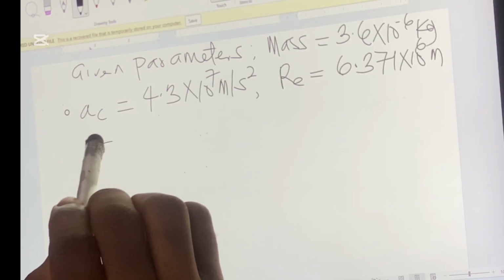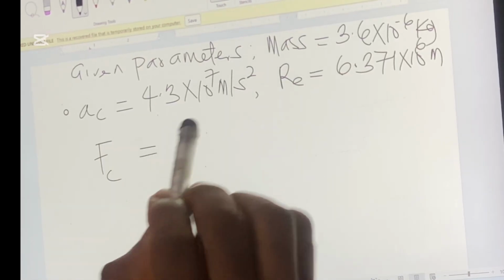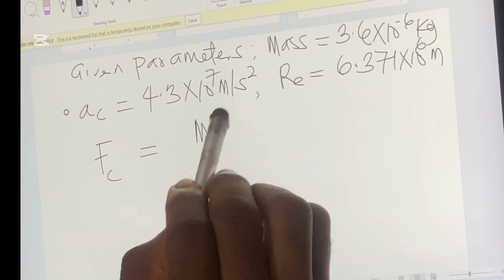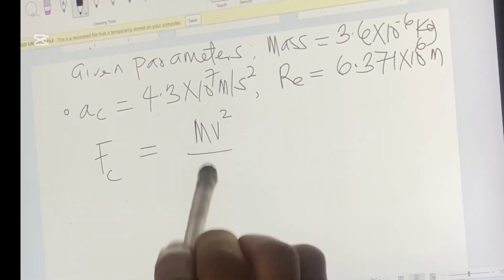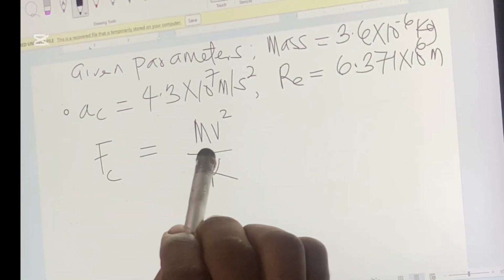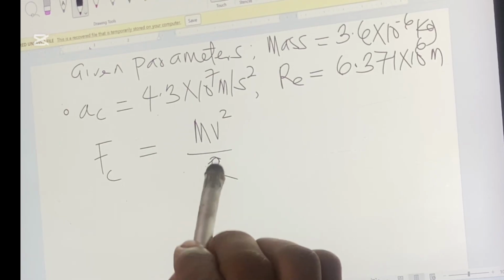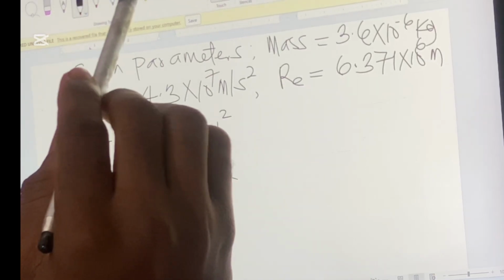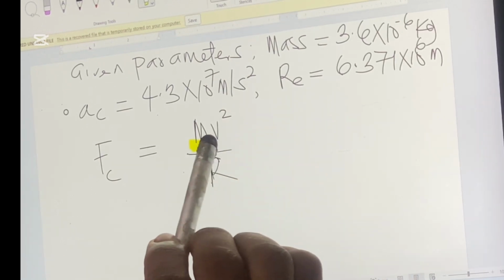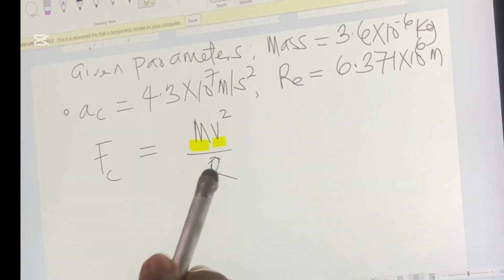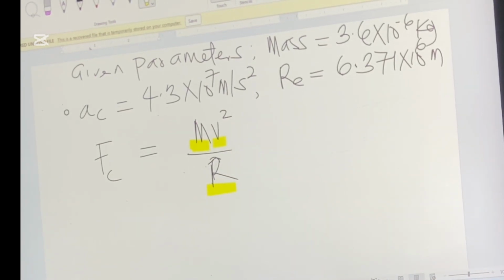The formula here is Fc is equal to mv squared over r. Please take notes, where this m here represents mass, v represents speed or velocity, r represents radius.